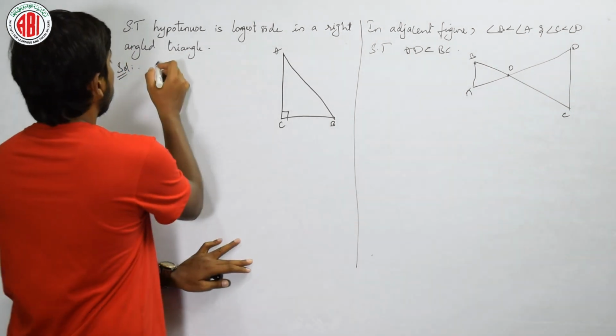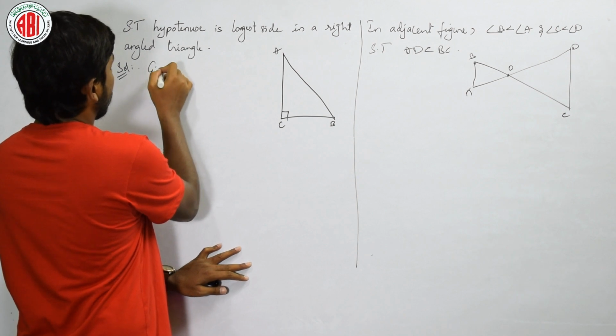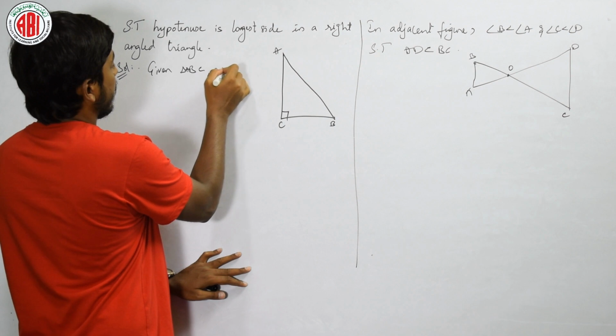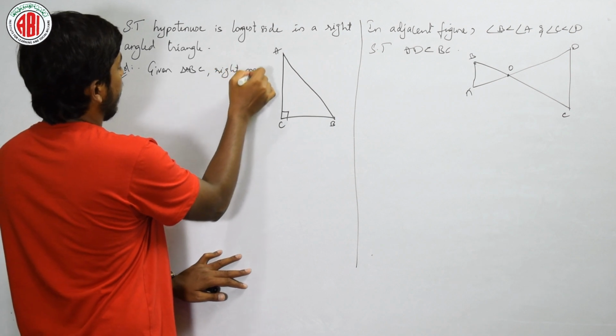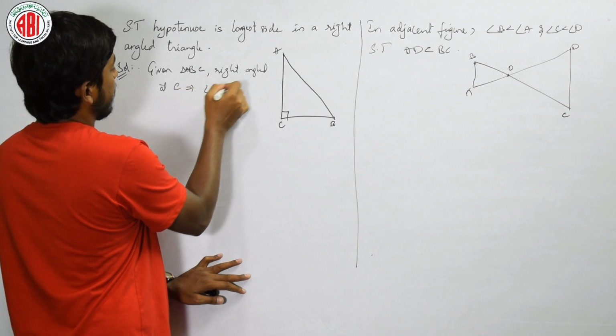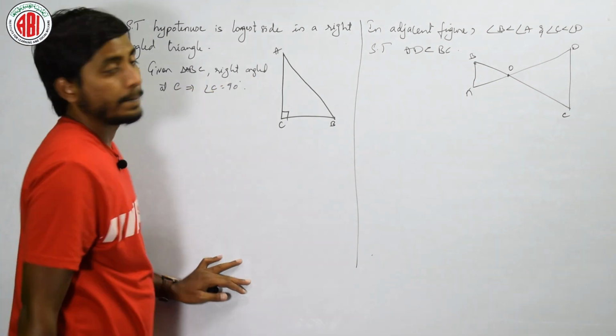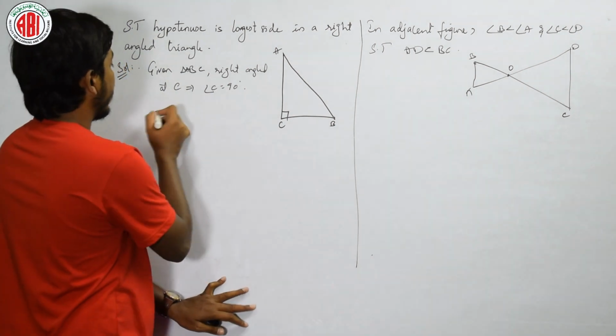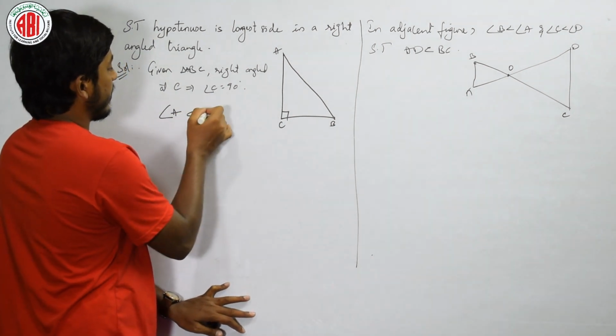Let us write, given triangle ABC right angled at C, that is angle C is equal to 90. Clear? Yes or no? From this, can we write angle A is less than angle C?